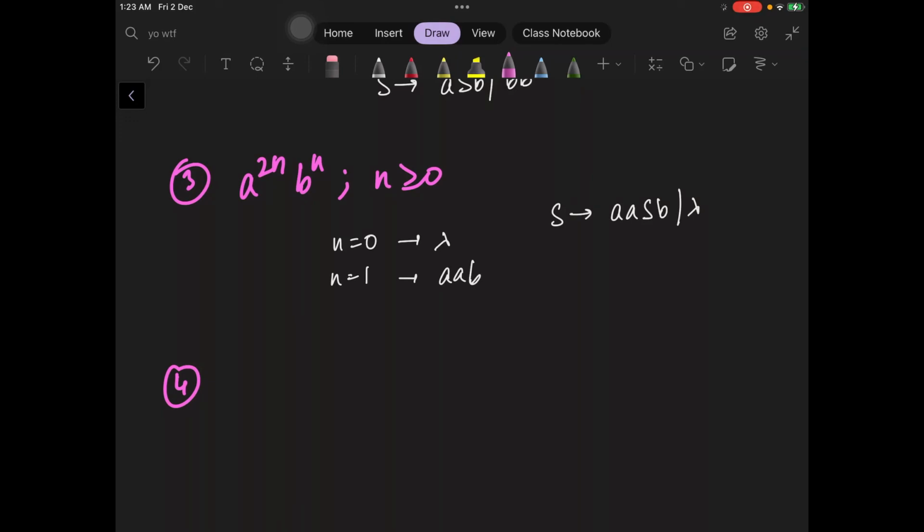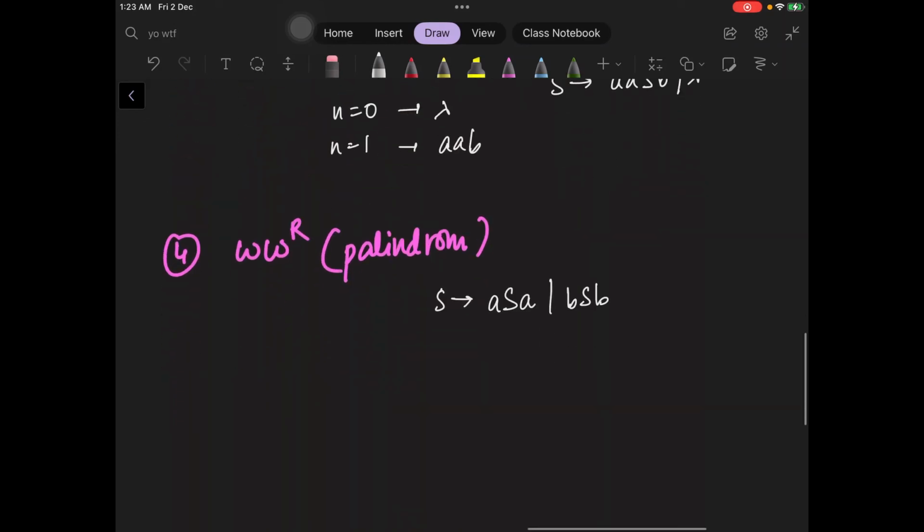So now let's come to something more interesting, where you have something called a palindrome. So in palindromes, basically it repeats. So for this, your grammar would be ASA or BSB. Now this one is a notation of even palindromes.